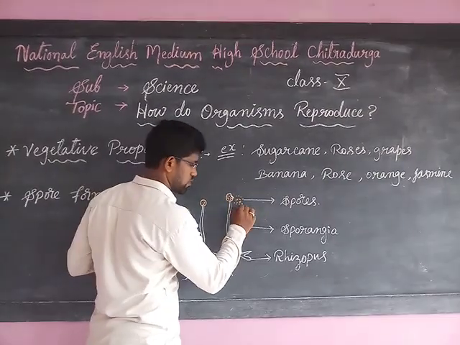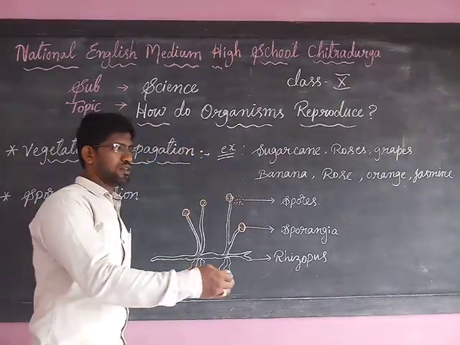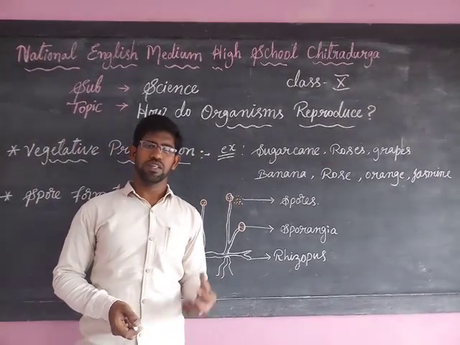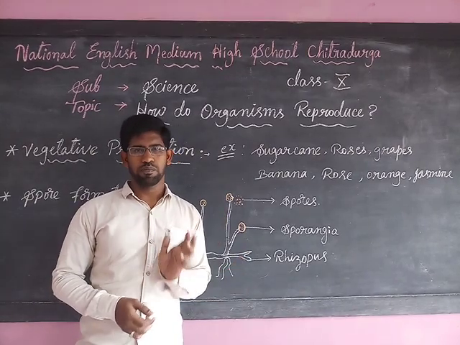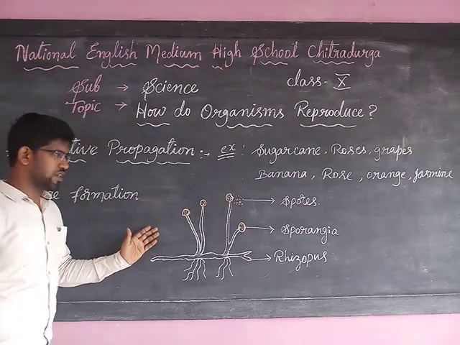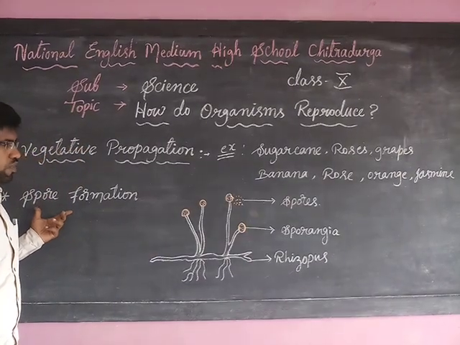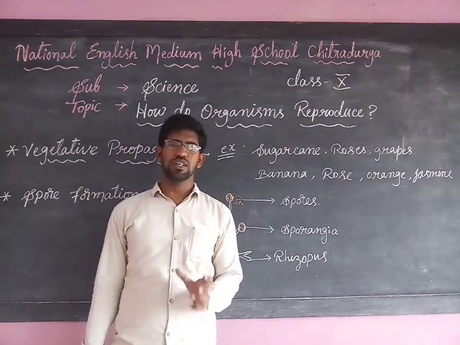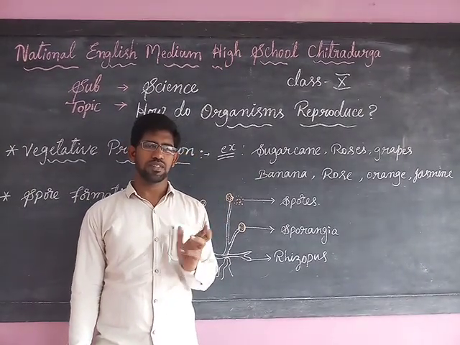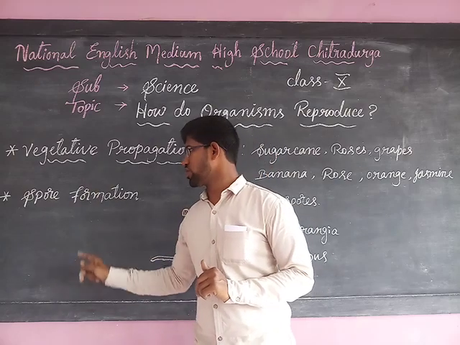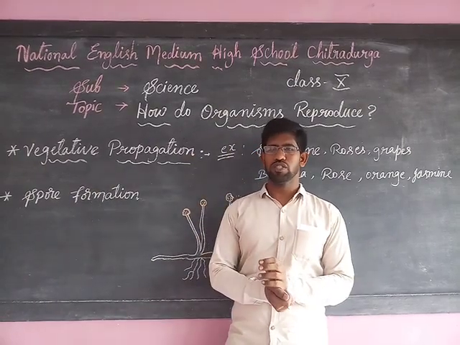When these spores fall on other moist places on the bread, they again give rise to a new Rhizopus on the bread. This is the method of reproduction called spore formation. Through the spores, new individuals grow. So this is all about the two methods, vegetative propagation and spore formation.